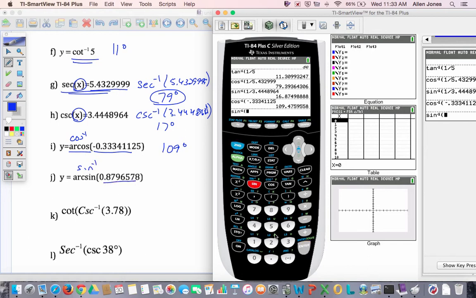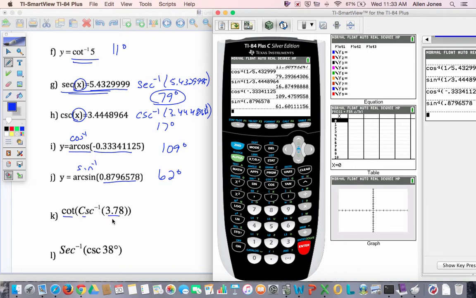Arc sine, again, same thing as inverse sine. This is a ratio, so inverse sine of 0.87965778, and that gets us about 62 degrees, 61.6 degrees.